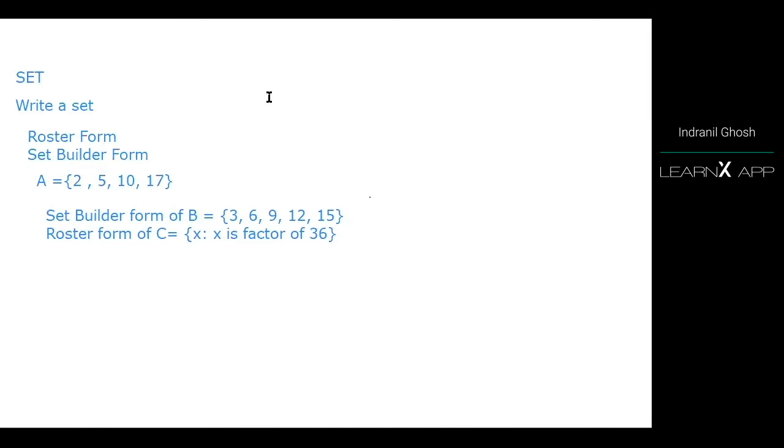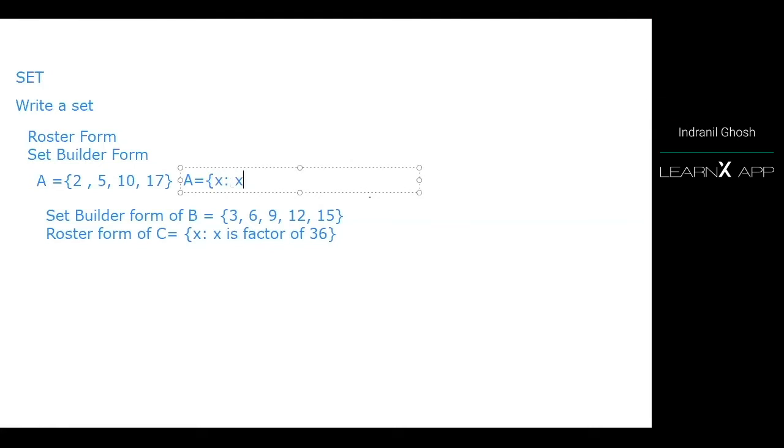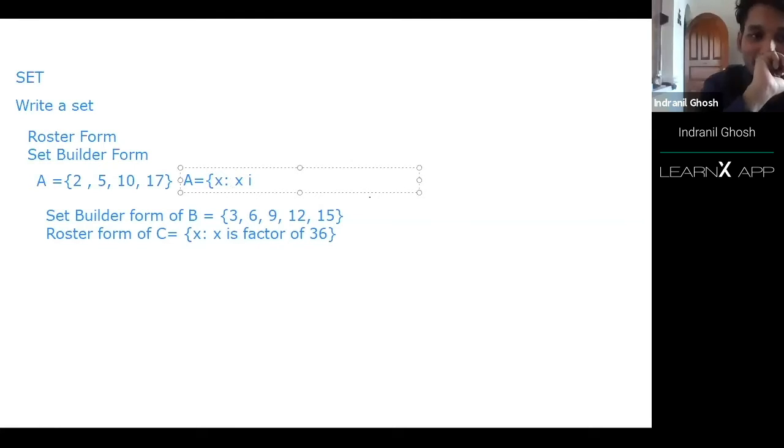Sir, A equals x colon x is a factor of 170. Okay, if it is a factor, your answer is correct in one sense, because you can observe that all of them are factors of 170. But there is one more thing. If these were the factors of 170, then think about it, 20 would also be there, right? 2 into 10 would also be a factor of 170.